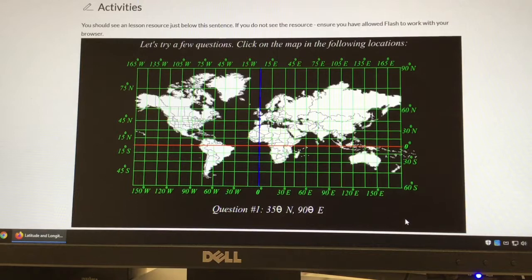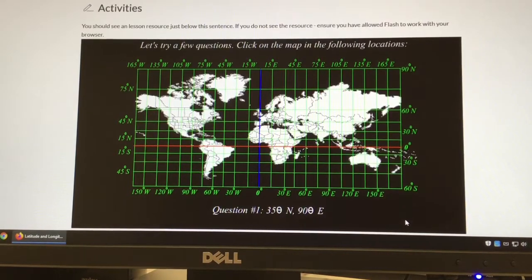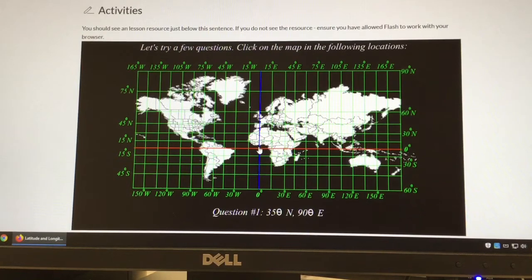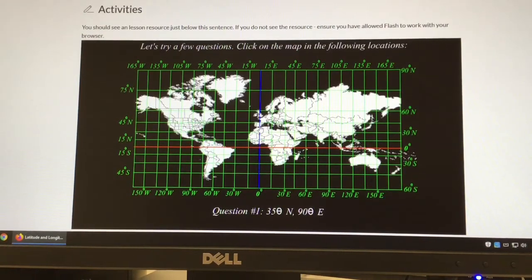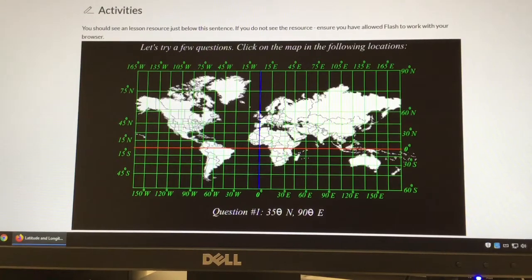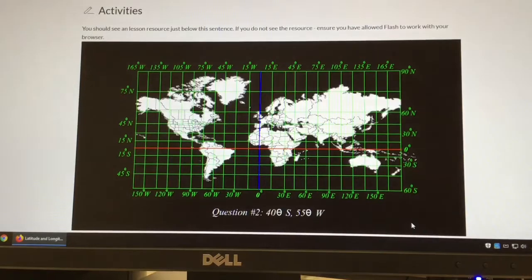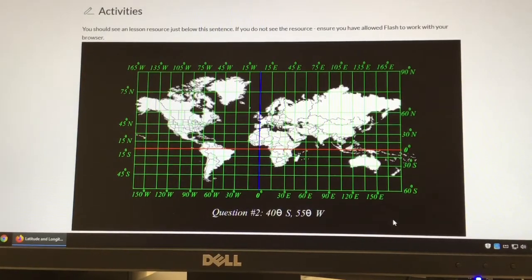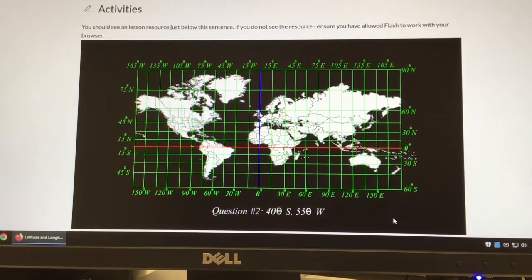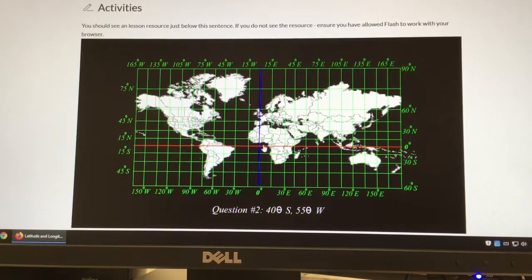Question 1. 35 degrees north and 90 degrees east. Question 2. 40 degrees south and 55 degrees west.